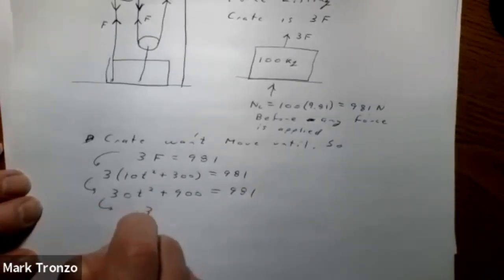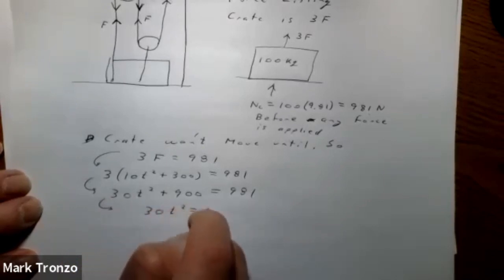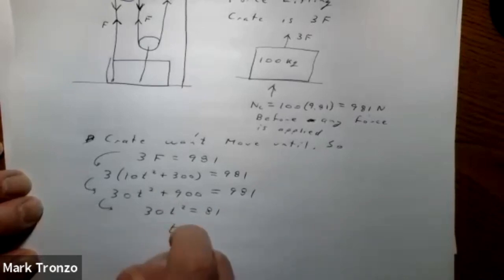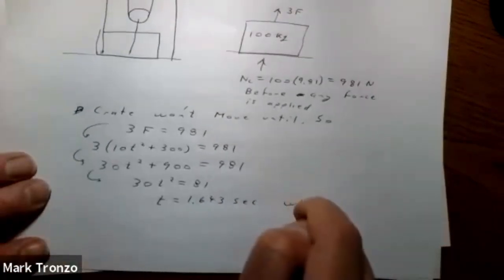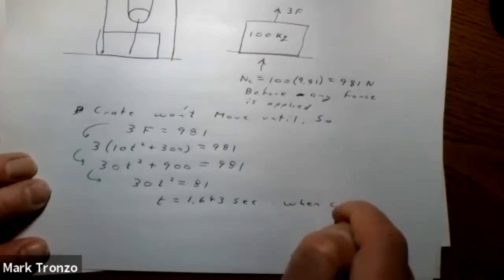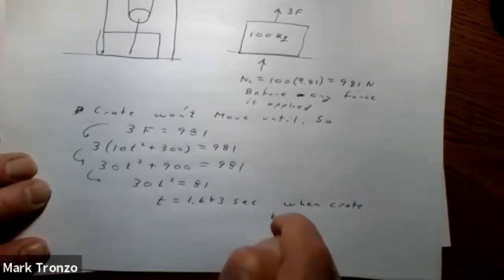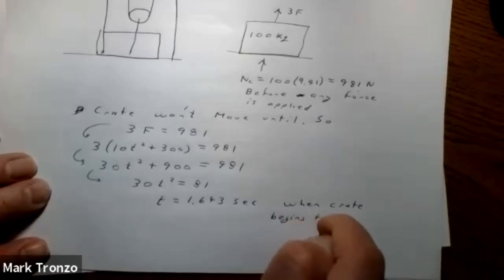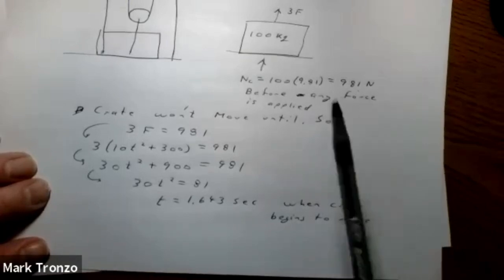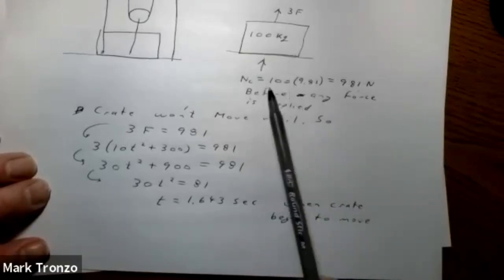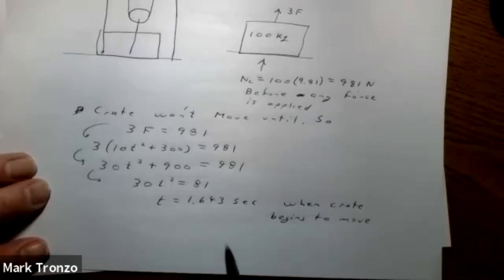And so we have 30t squared is 81. If we divide this through and then take the square root, we get t is 1.643 seconds. So that's when the box starts moving. Because before that time, just the mass of the box hasn't even been overcome. So it's not going to start moving till that point there.